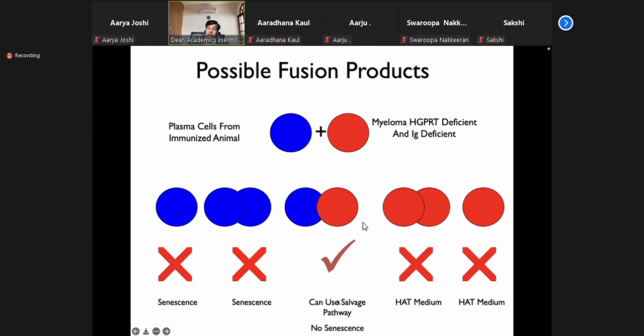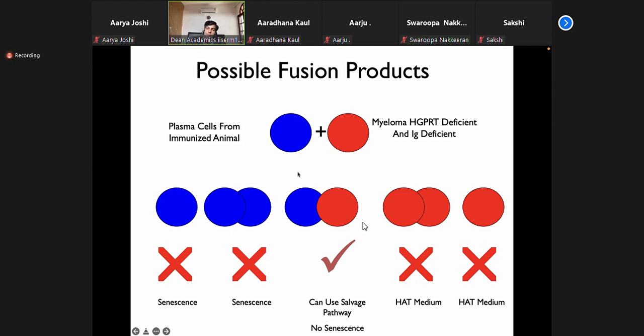They can sustain in this medium by utilizing the salvage pathway for nucleotide synthesis. And you know, nucleotides are required for replication of DNA and several other processes, right? They are not going to have senescence because the immortalization is provided by the cancerous cell.